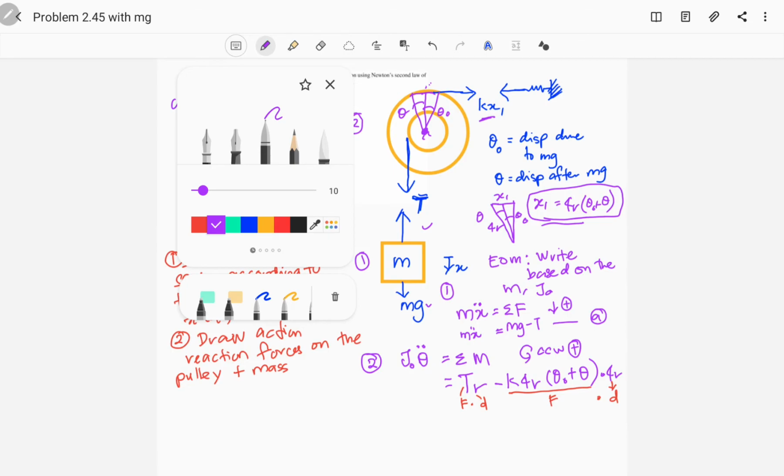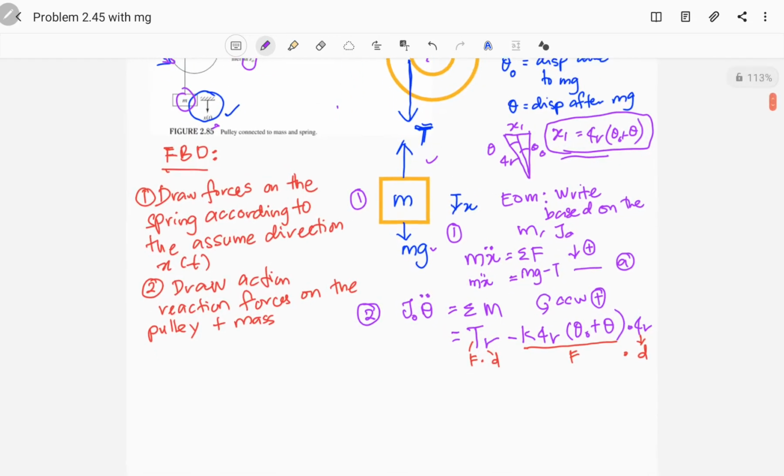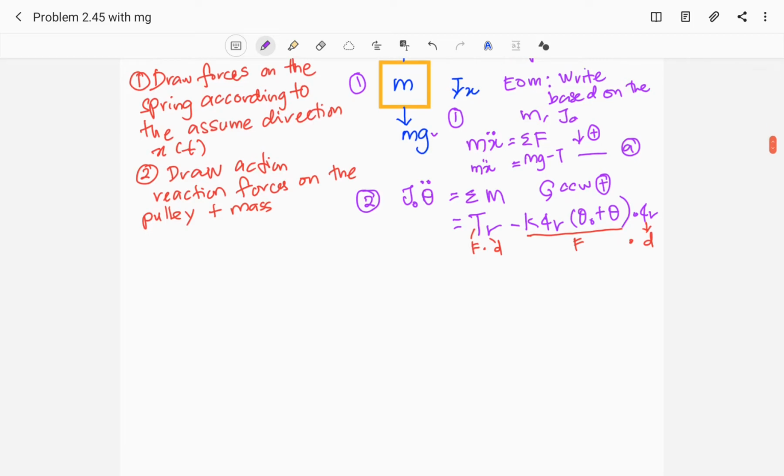Okay, so now we have these two forces. If I can write that again, now you have these two equations, m x double dot, which is equation A, equals mg minus T. So you have the T terms there that you can merge, equation A and equation B. If you rearrange, your T will become equal to mg minus m x double dot.